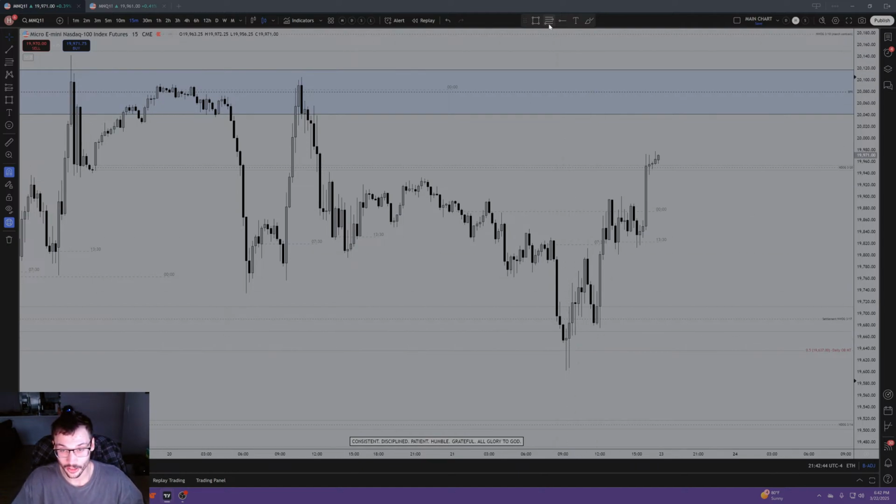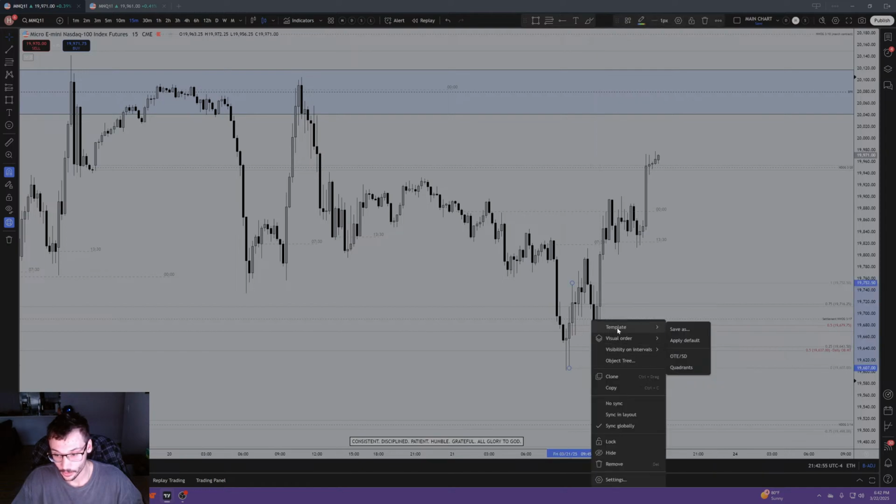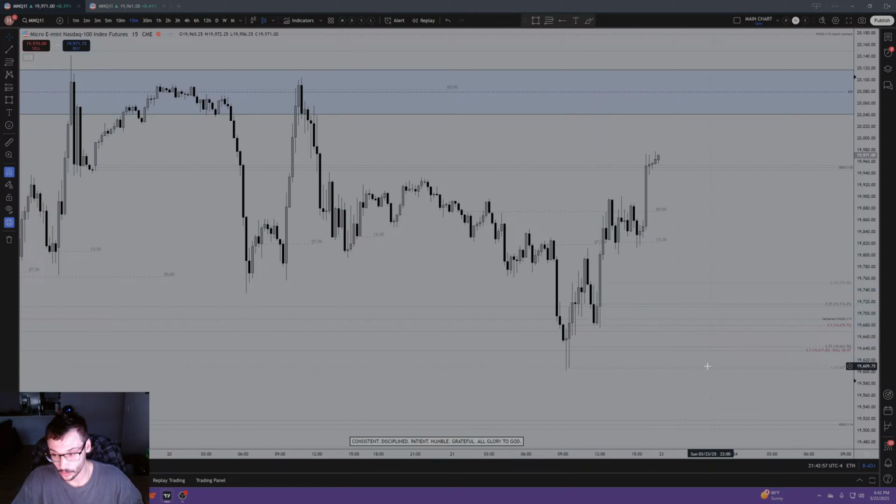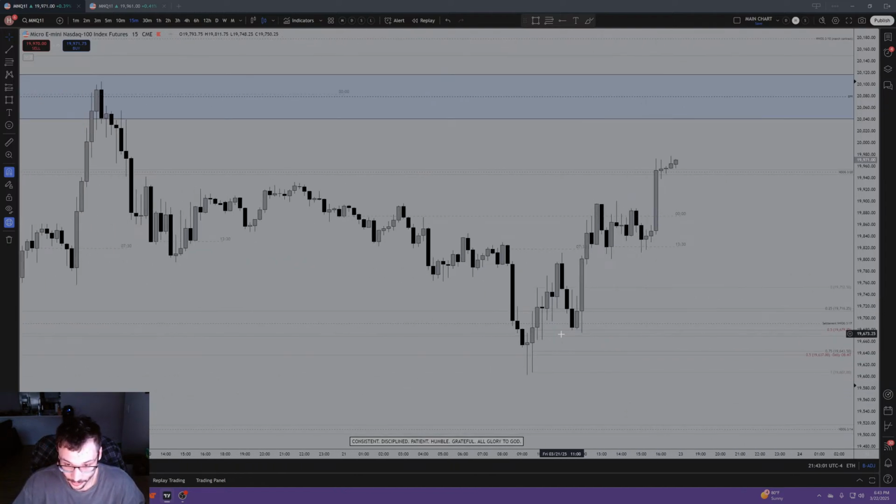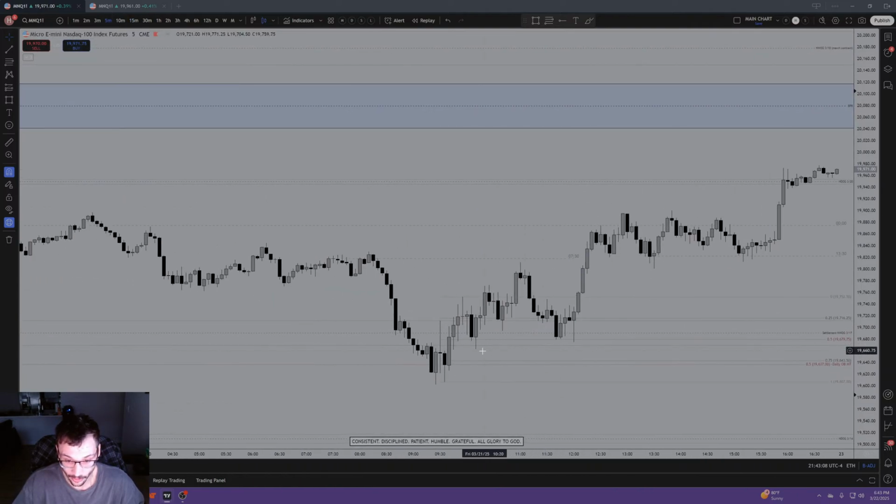Like I was looking at this one earlier. This is the opening range, 9:30 to 10 o'clock. This one was crazy. Look how it holds there. Go on the 5-minute.